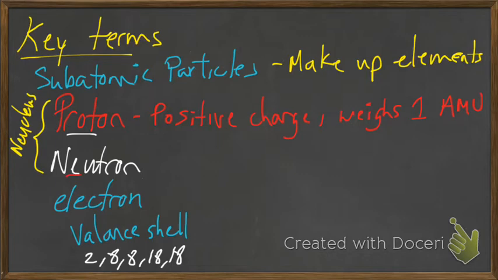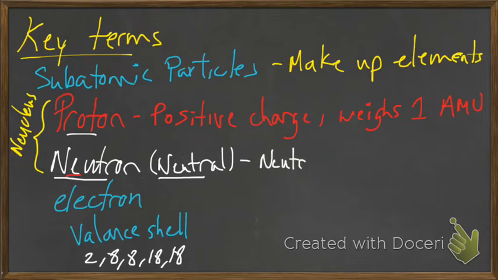There's neutrons, which are neutral. The first 5 letters are the same. So always keep that charge in mind. A lot of people say it's negative, and that's incorrect. These have a neutral charge, but also weigh 1 AMU. The ditto marks mean the same as directly above.